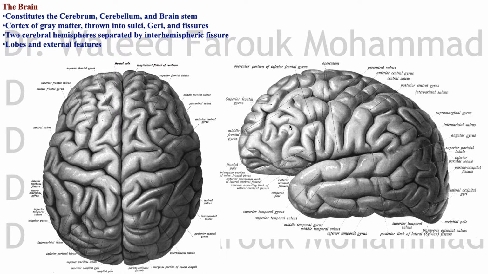The brain constitutes the cerebrum, which is the cerebral hemisphere, the cerebellum, and the brain stem. The cortex of the brain, as you can see here, is thrown into gyri, these elevations, with depressions between them, sulci.